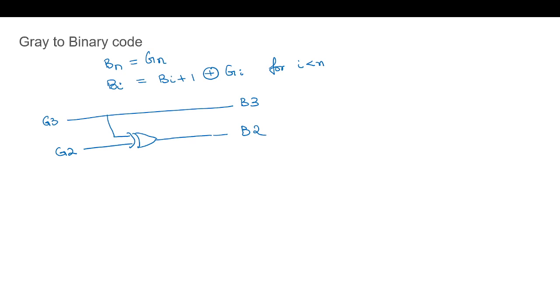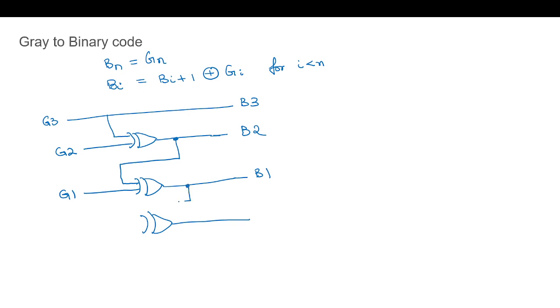So here you can see. Next, XOR, we will take B2. Instead of the previous input, now we are taking from this output, and then G1 gives B1, and this B1 with G0 gives B0. So this is our gray code to binary conversion.